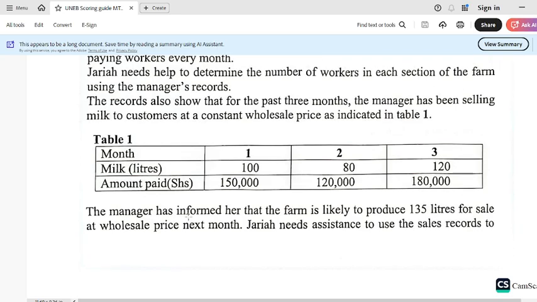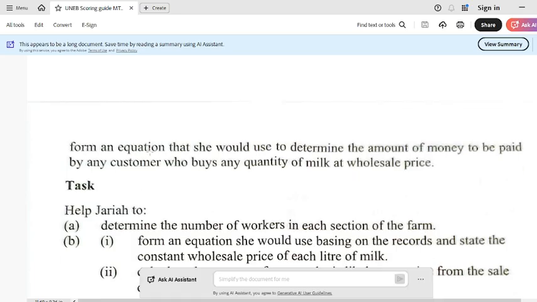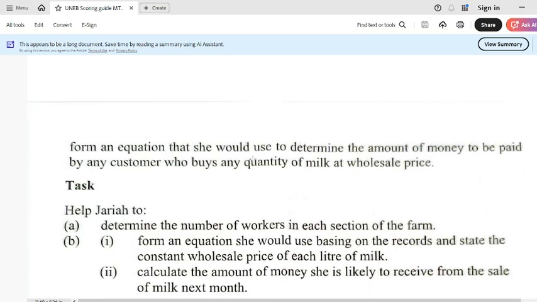The manager has informed her that the farm is likely to produce 135 liters for sale at wholesale price next month. Jaria needs assistance to use the sales records to form an equation that she would use to determine the amount of money to be paid by any customer who buys any quantity of milk at wholesale price.